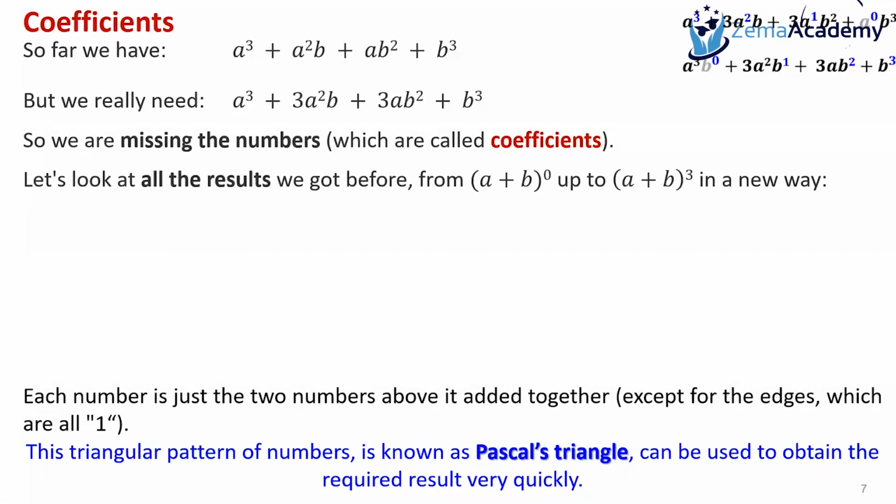So now, you don't even have to remember, let's say, a plus b to the power 5. You don't have to remember. All you need to do is to start with the decreasing power of the first term and increasing power of the second term.